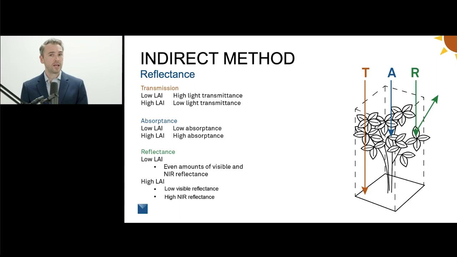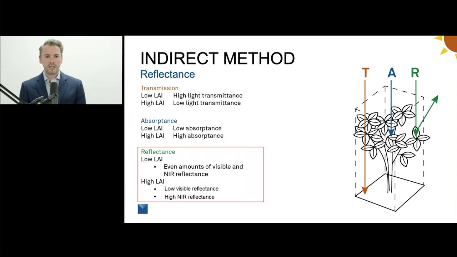And we can do that because leaves want to absorb visible or photosynthetically active radiation, and they don't want to absorb near infrared. So if we look at the ratio of those two, of PAR to near infrared, and how that changes over the course of a season, we can get some information over how that canopy is developing.